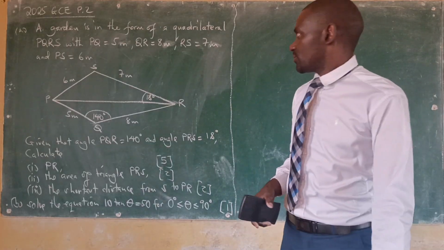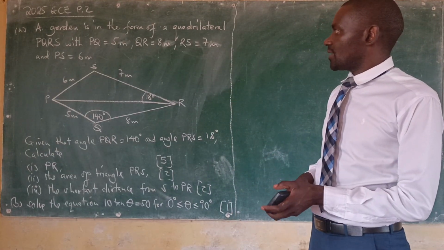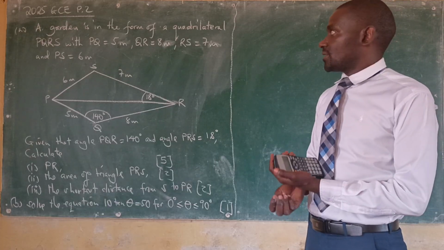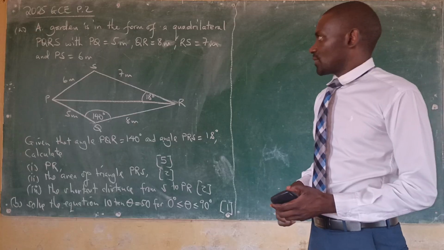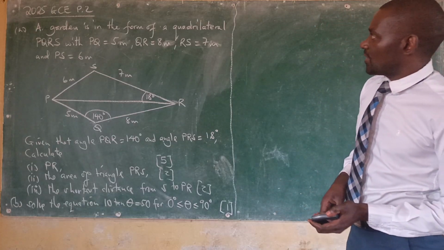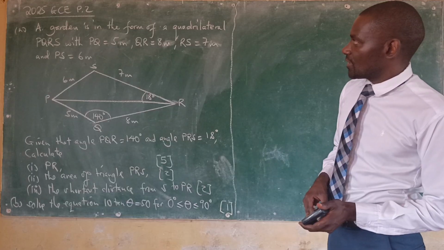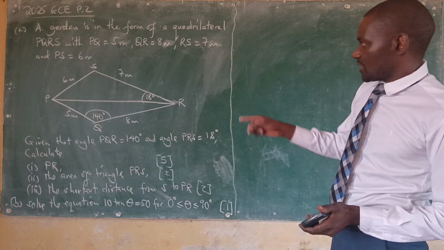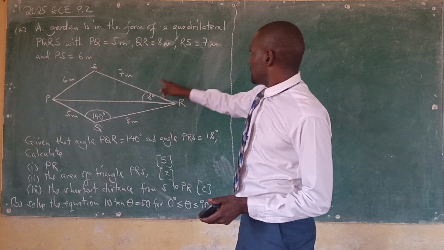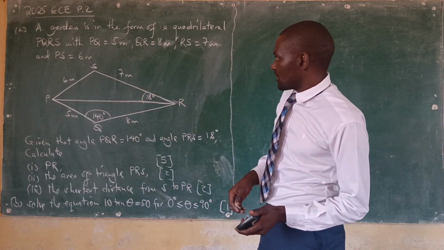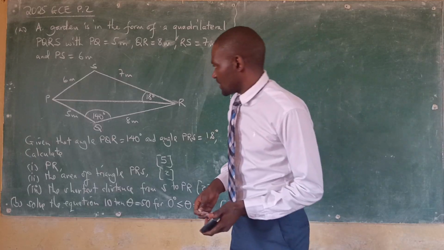Today I want us to answer the question that came under trigonometry, that is the GCE 2025 paper. So the question says a garden is in the form of a quadrilateral PQRS with PQ equals 5 meters, QR 8 meters, RS 7 meters, and PS 6 meters.